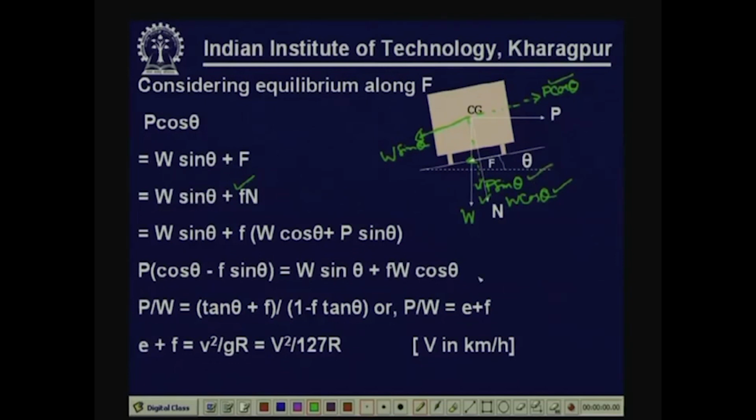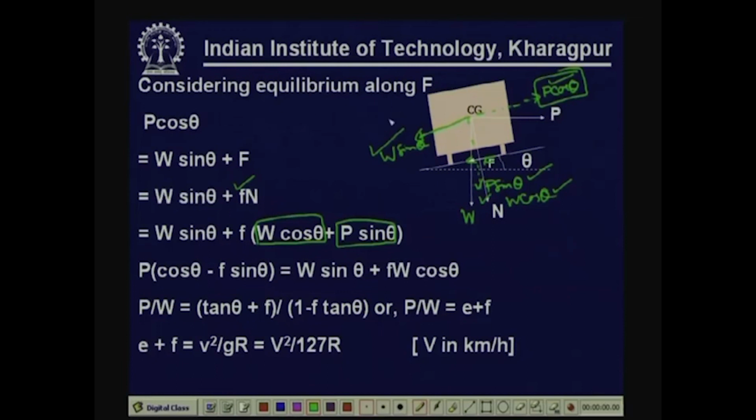So, the total force acting in the normal direction is W cos theta plus P sin theta, multiplied by f. That is the total resistance. So, this F, which is f into (W cos theta plus P sin theta), plus W sin theta, together should balance this P cos theta component.